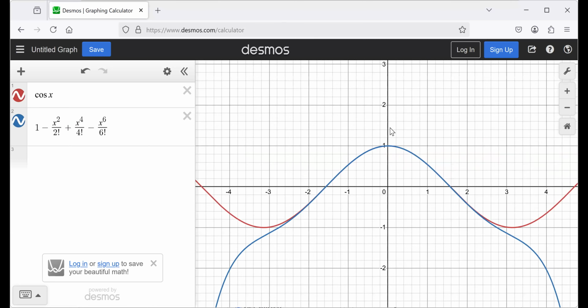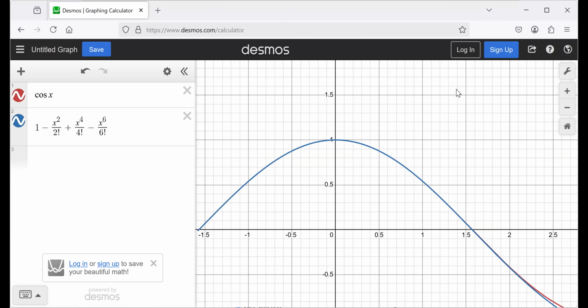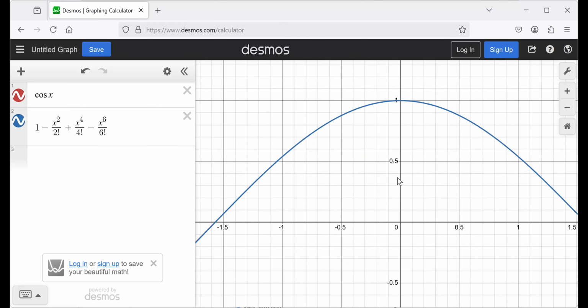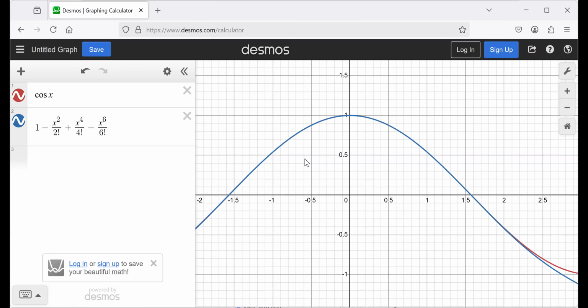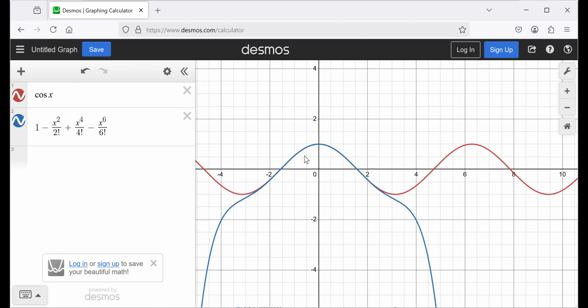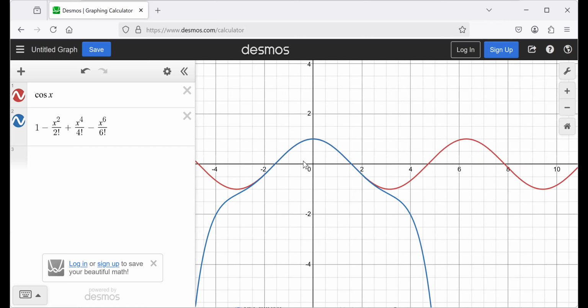And you see, in this magnification, the cosine and this finite polynomial are doing a really good job of approximating one another. Or I guess it's a little weird to say the cosine is approximating the polynomial, but the other way around. And this is really significant.